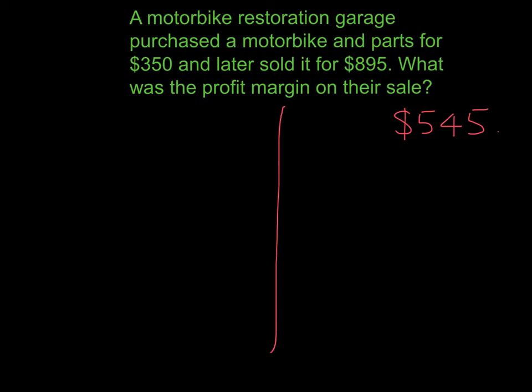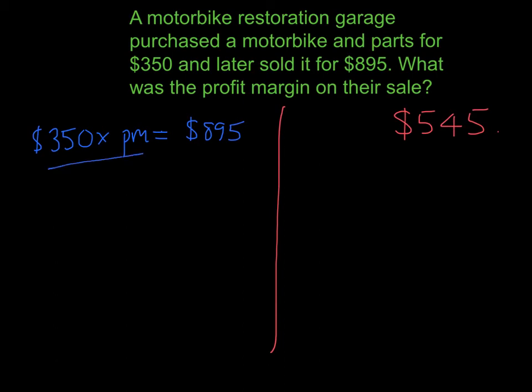The first method might be a little more tricky. You know that the original price, $350, was multiplied by a profit margin to get it to $895.